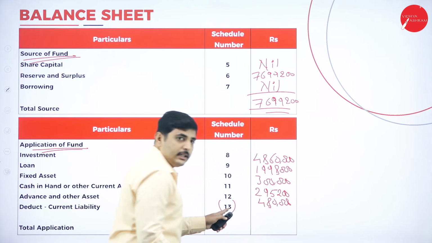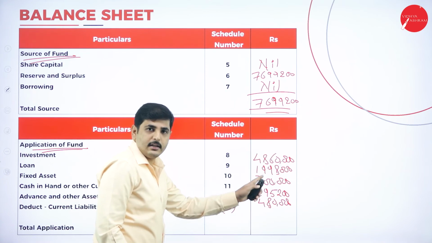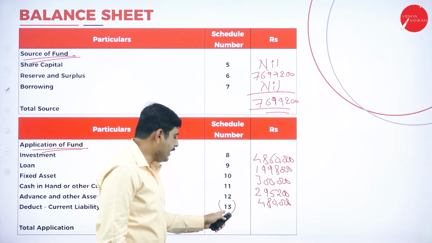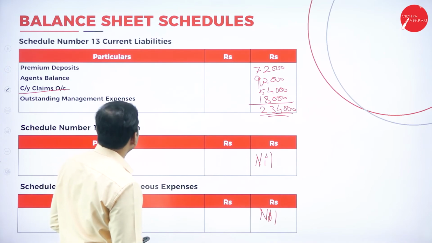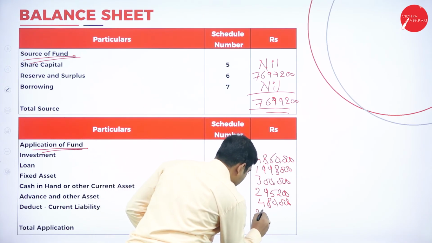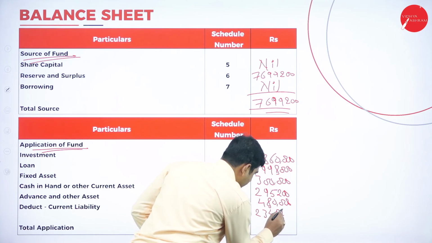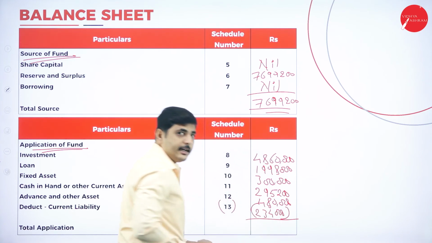Now schedule number 13 should be deducted. After adding all the items, deduct schedule number 13, current liabilities. Current liabilities 2 lakh 34,000. I am writing it in brackets, that should be deducted.